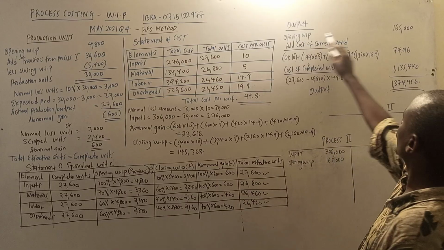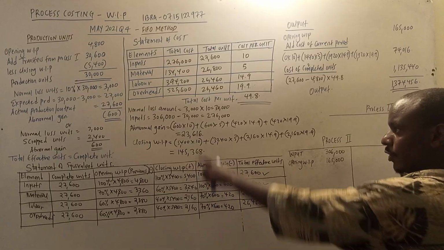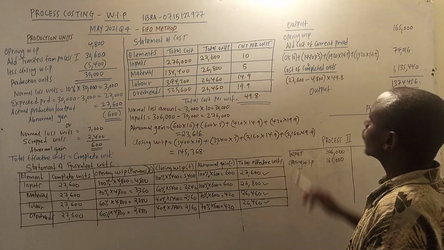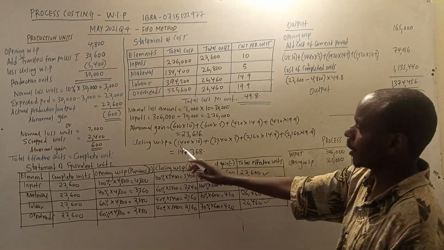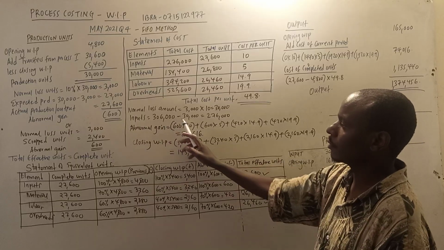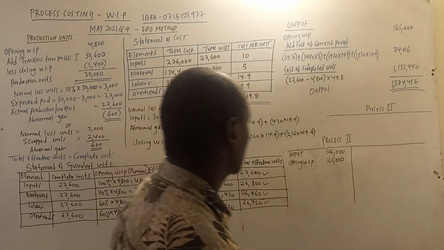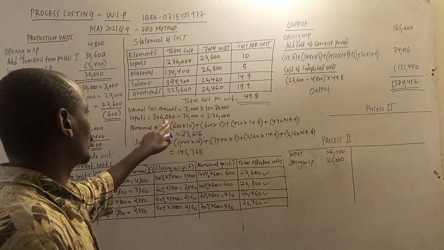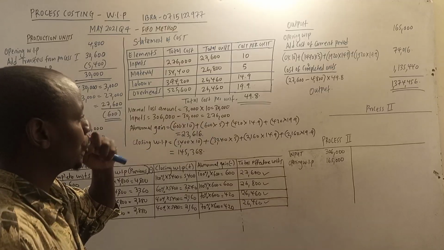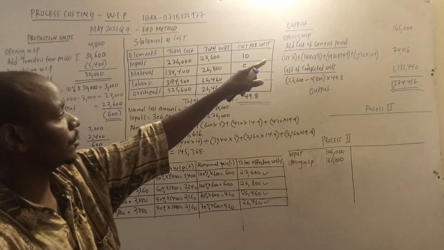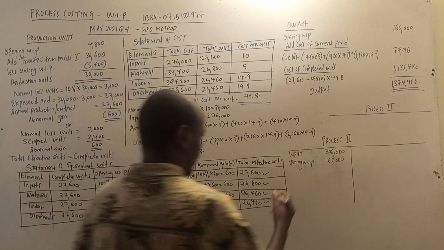So we have input of 306 before deducting the normal loss. Then we add opening work in progress of 165,000. Then now we can add material.